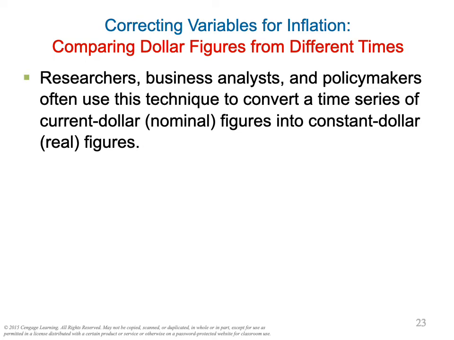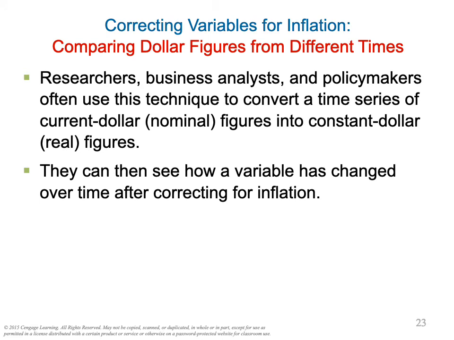So looking at prices going all the way back to 1920, but in terms of 2013 dollars in all of those years, rather than looking at 1920 in 1920 dollars, etc. And by looking at it in a constant dollar figure, we are eliminating the effect of inflation.